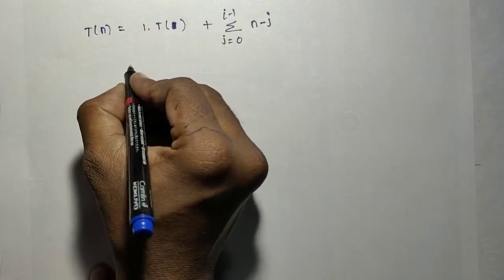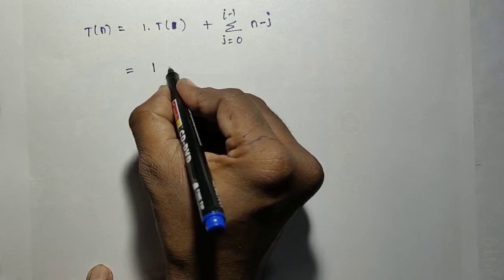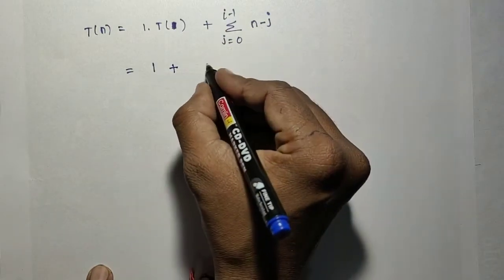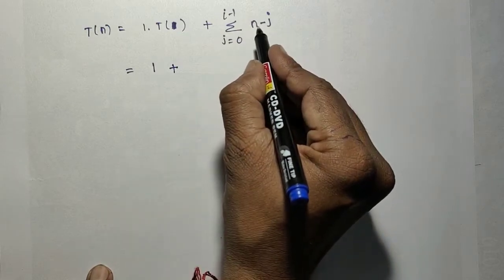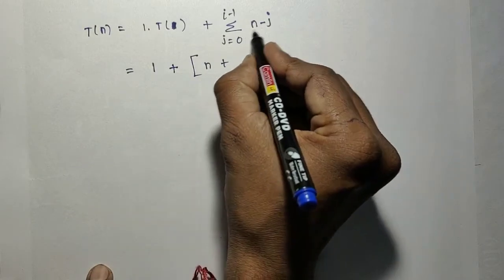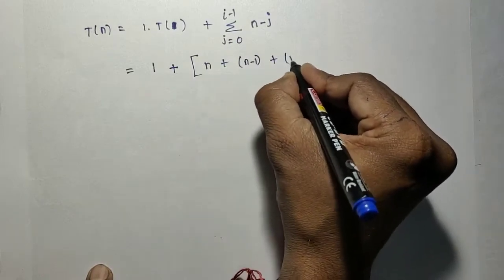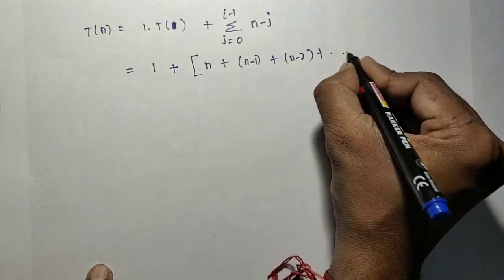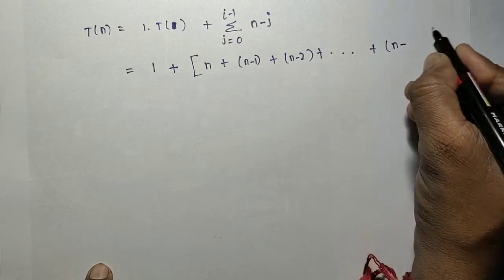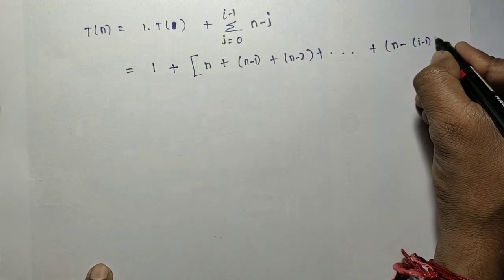So T of 1 we can ignore as 1, plus this can be written by substituting j equal to 0. If you substitute j equal to 0, it will be only n, plus j equal to 1 means n minus 1, plus n minus 2, and so on, plus n minus, instead of j I have to substitute i minus 1, that is the last one.